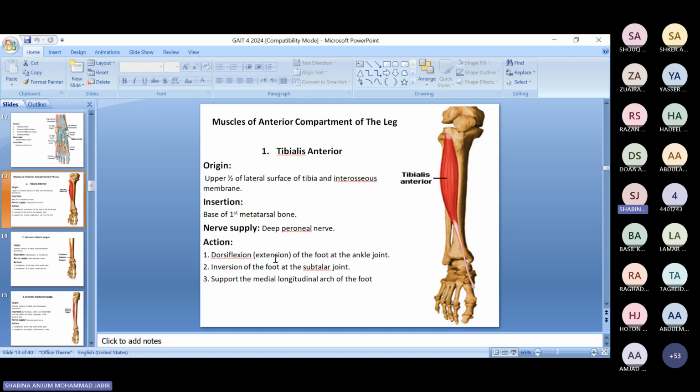What do you call it? Dorsiflexion. So all these muscles will be responsible for dorsiflexion at the ankle joint. Then the tibialis anterior will also do an action known as inversion of the foot at the subtalar joint. They are important to support the medial longitudinal arch of the foot.